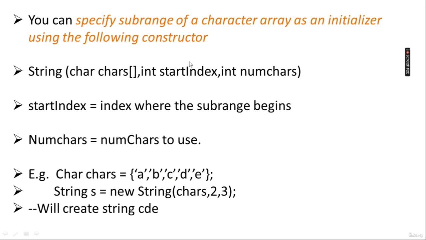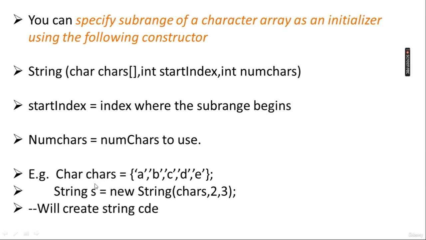Subrange of a character array means from which index to which index. Here the starting index is given, and from the starting index, how many characters I have to take from the specified character array. Start index is the index where the subrange begins. Number of characters is the number of characters to use from the start index. Then char chars[] = {'a','b','c','d','e'}.